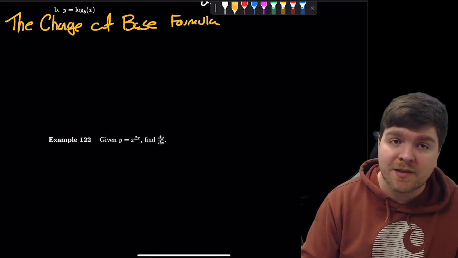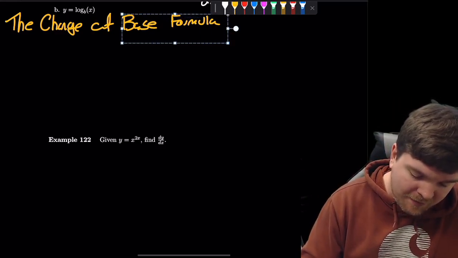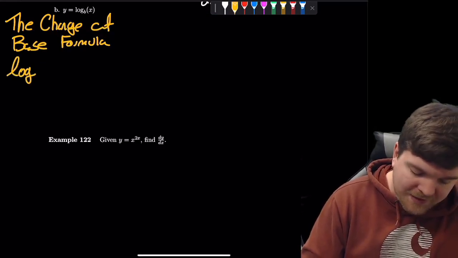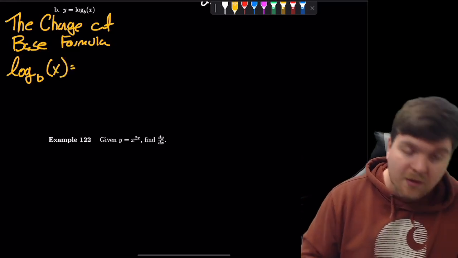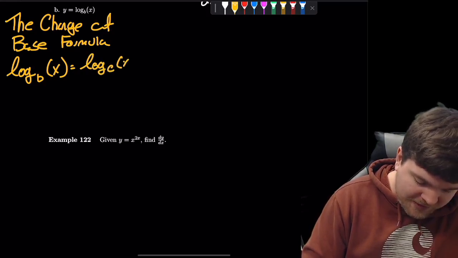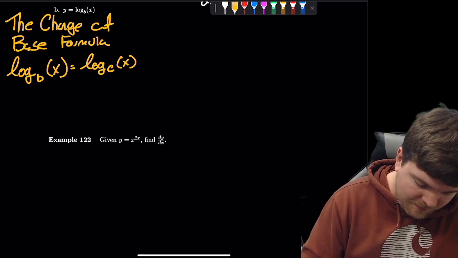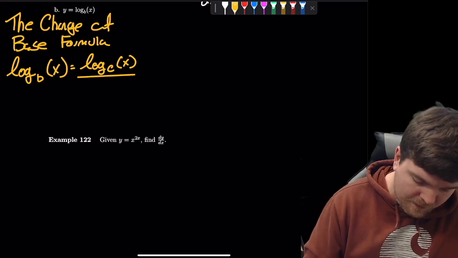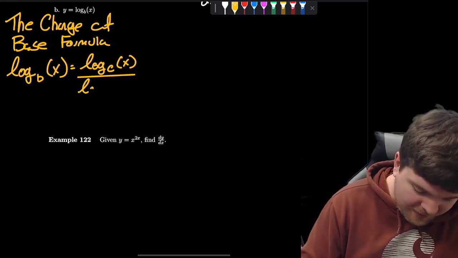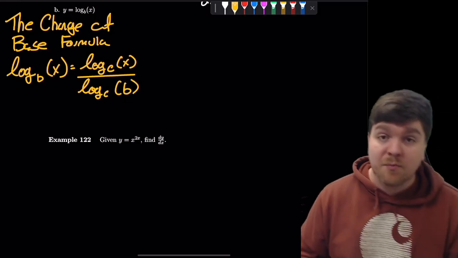What the change of base formula says is that if you have some log base b of x, you can rewrite this as log base c of x divided by log base c of b.